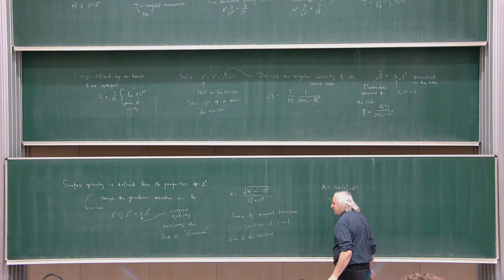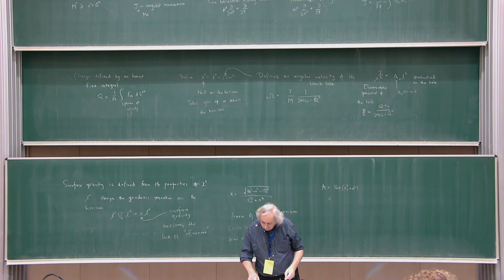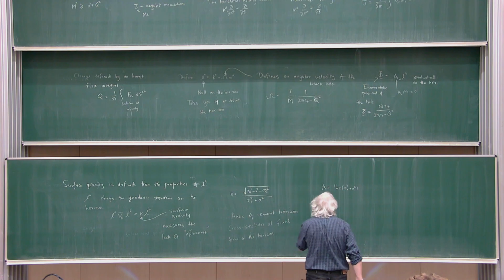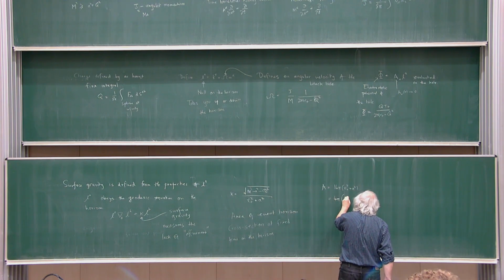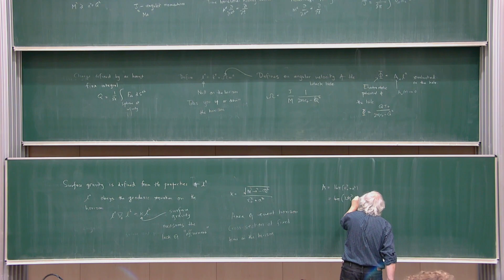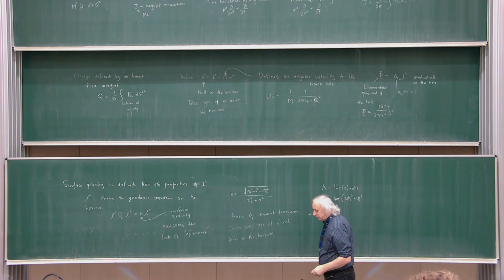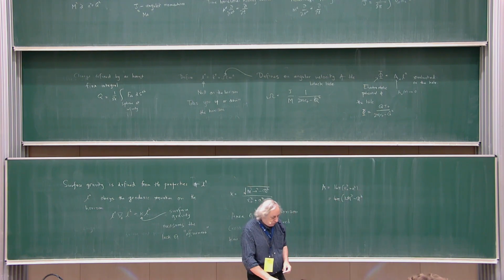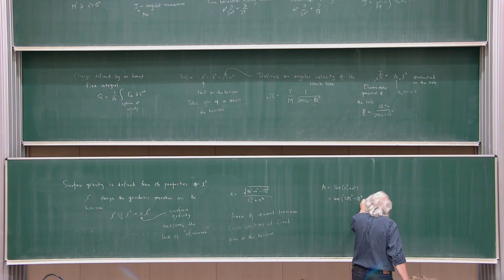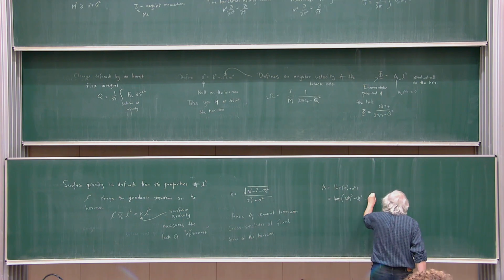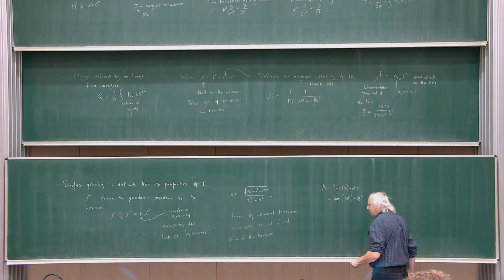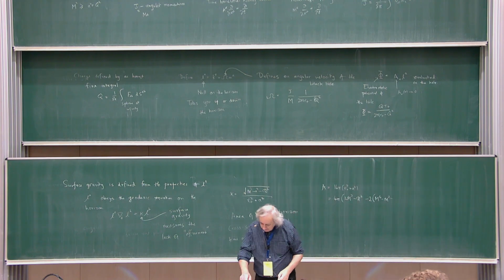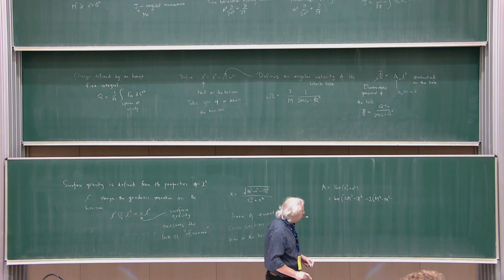But if you don't like it written like that, we can write it in a slightly different way. 4 pi into 2m squared minus q squared minus 2 times m to the fourth minus m squared j, is that really right? M squared q squared minus j squared.